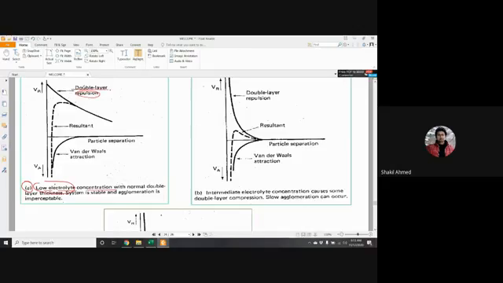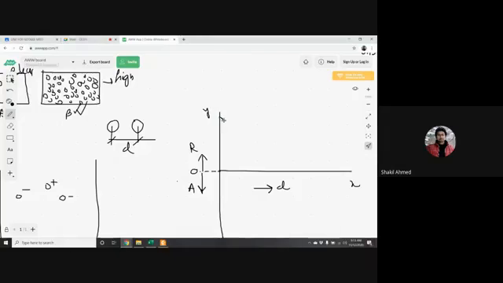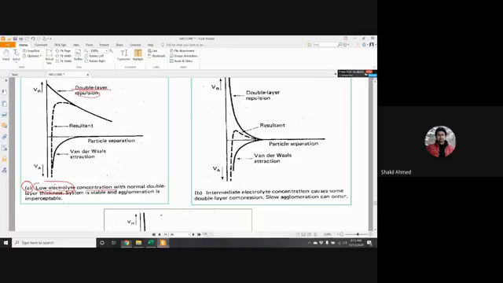I already told you what is double layer. This is double layer repulsion. It works like this. Repulsion. Double layer repulsion.